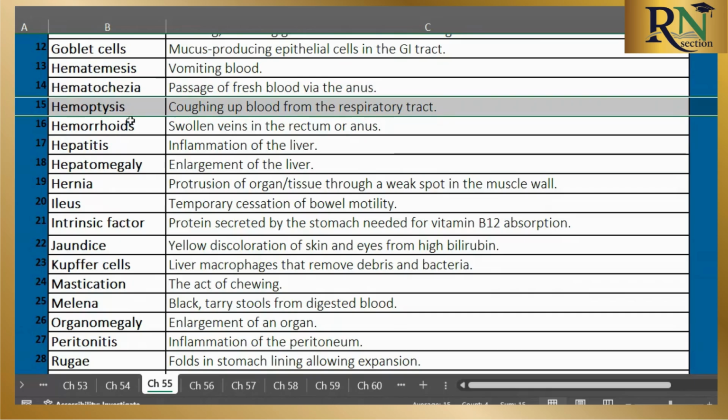Hemoptysis: coughing up blood from the respiratory tract. So hema is again blood, and ptysis is like the spit.